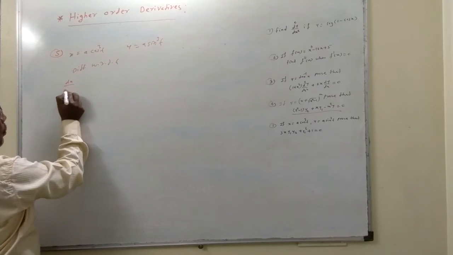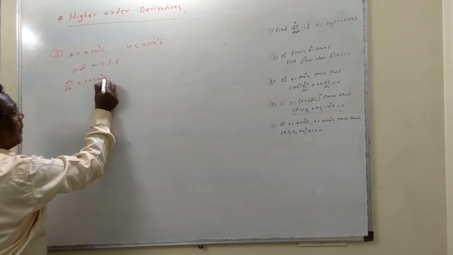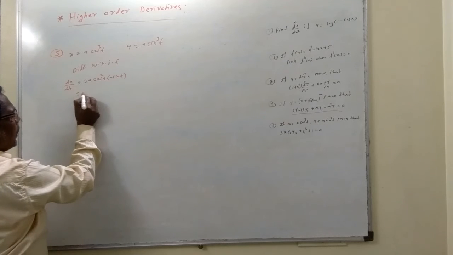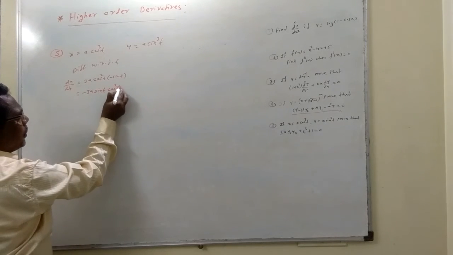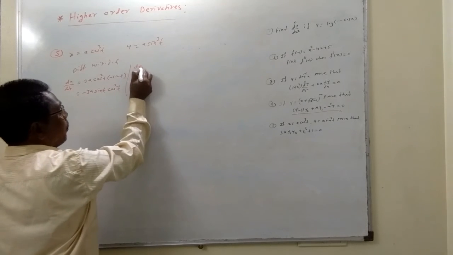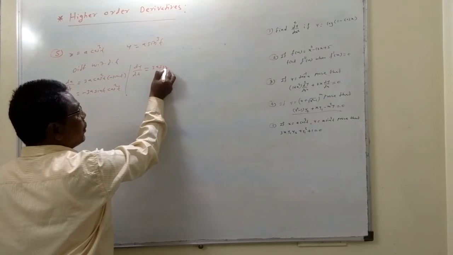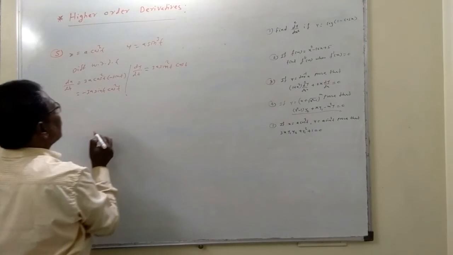So dx upon dt is equal to 3a cos square t and derivative of cos is minus sin t. So that is minus 3a sin t cos square t. Similarly, dy by dt is equal to 3a sin square t into cos t.